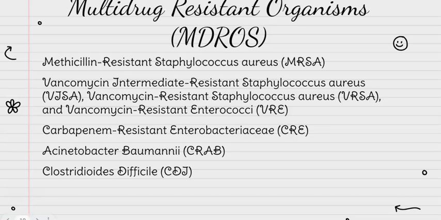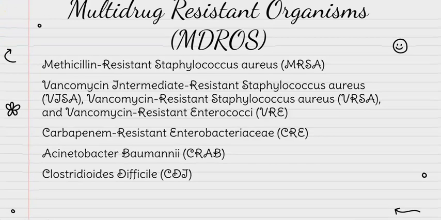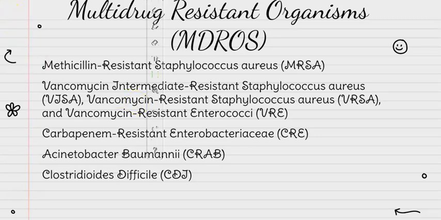So let's talk about multi-drug resistant organisms. These are organisms that are resistant to multiple antibiotics. What happens is that they're exposed to antibiotics and then they mutate and create a resistance to antibiotics.